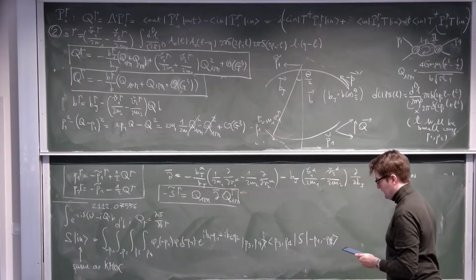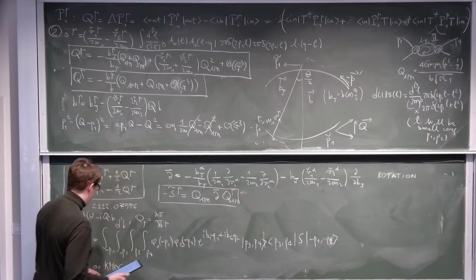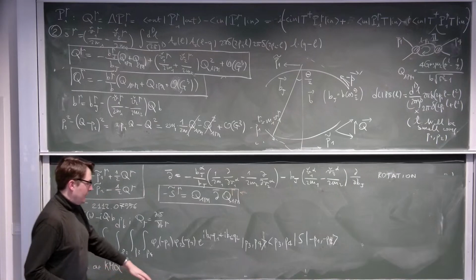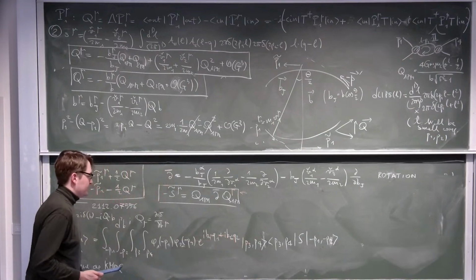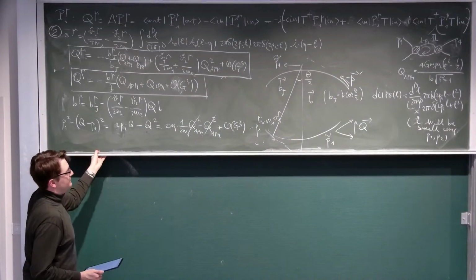So this first piece involving p1 and p2 is just the definition of the in state. And instead, this p3, p4 insertion is the insertion of a complete set of free states.